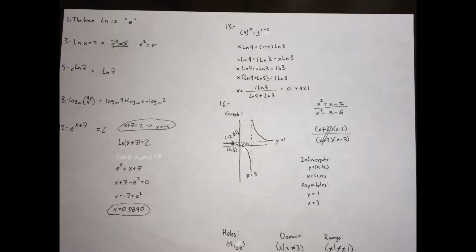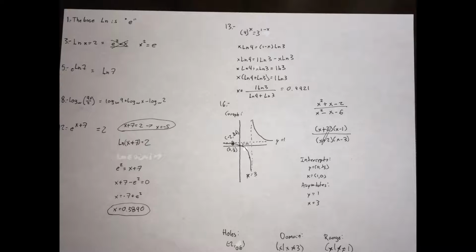The expression given is e to the power of x plus 7 equal to 2. First we take down the exponent. Since e is what is being elevated into a power, we can take it into a logarithm, meaning that natural logarithm of x plus 7 is equal to 2.